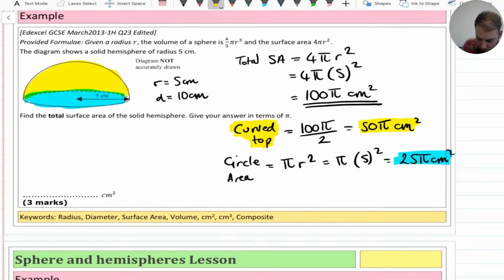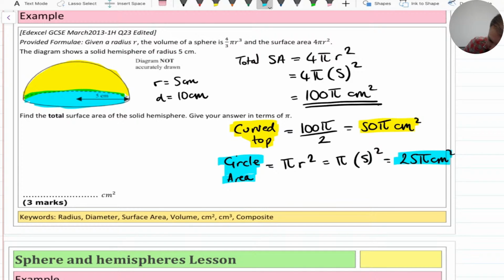So we've got the curved top, and we've got the area of the circle on the bottom. So what we need to do is find the total surface area by adding all of these together.